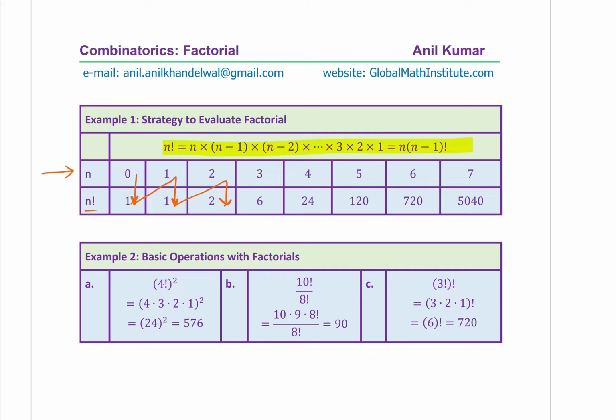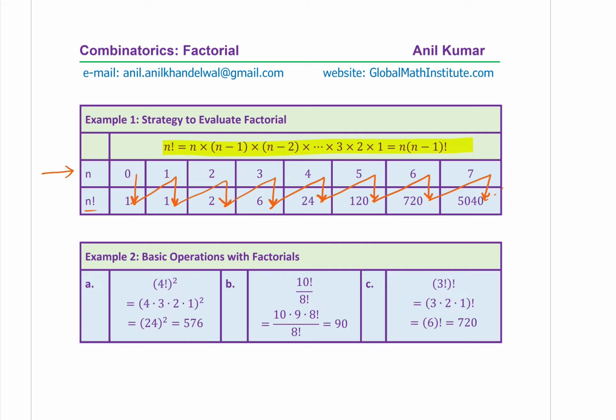You are multiplying this factorial product with the number to get 2 factorial. 3 factorial will be 2 factorial times 3. 4 factorial is 3 factorial times 4. 5 factorial is 4 factorial times 5. So the number gets multiplied by the factorial value which you just got. So if you have to get 7 factorial, you know 6 factorial is 720. Multiply 720 by 7 to get 7 factorial, which is 5040.